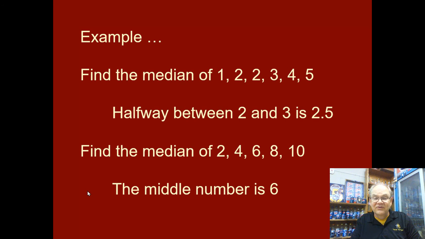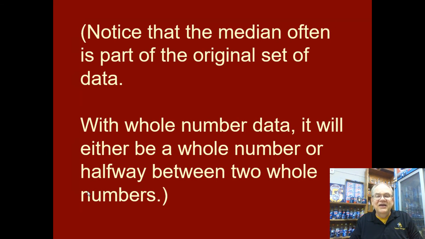Again, if it's an odd number, it's just literally what's in the middle. If it's an even number of things, you average the 2 that are in the middle. The median very often will be one of the numbers that you started with, but it doesn't have to be. It often is, but you don't have to have that number in your data.